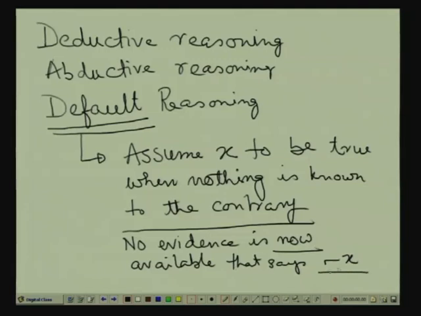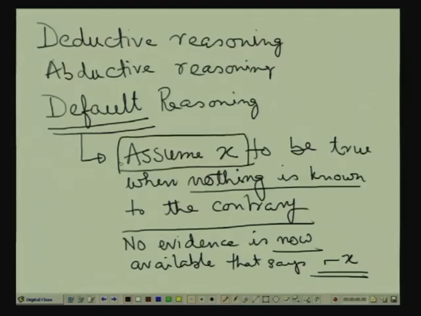There is nothing such. So, when nothing is known to the contrary, then assume something, that is called default reasoning.